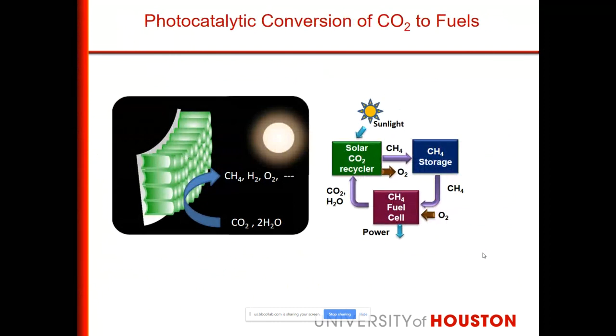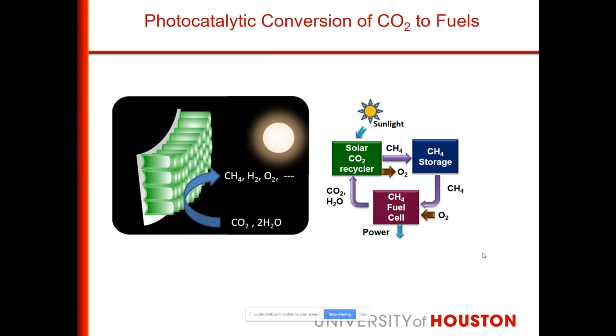The other process is carbon dioxide to fuel conversion. It's the same way. The charges are generated, but instead of reducing and oxidizing water, here the carbon dioxide is converted into fuel. If you mix carbon dioxide and water vapor, we get methane out of that. The methane can be burned, or used in a fuel cell to generate power.